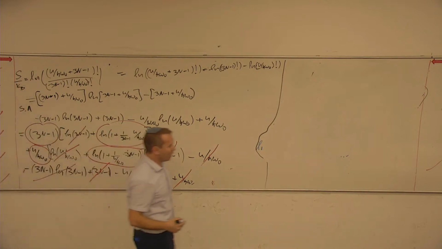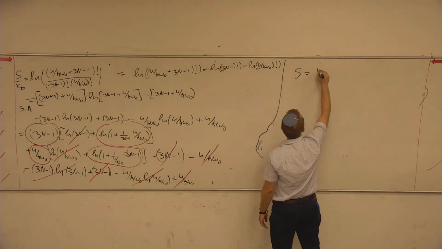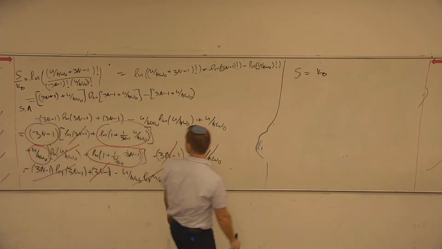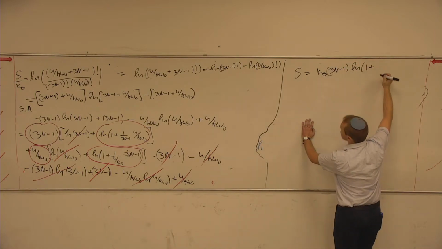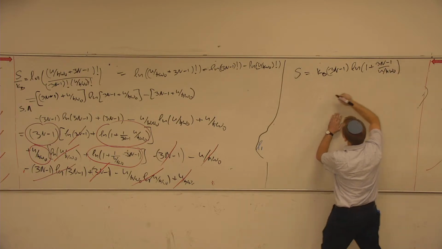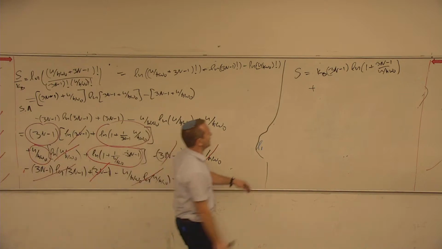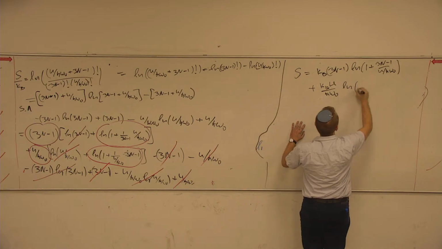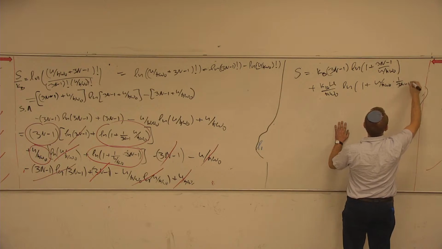So we can now write down the simplified expression for S. S is k Boltzmann times (3n − 1) multiplied by log of 1 plus u/ħω₀ times 1 over (3n − 1), plus k Boltzmann times u/ħω₀ log of 1 plus (3n − 1) divided by u/ħω₀.